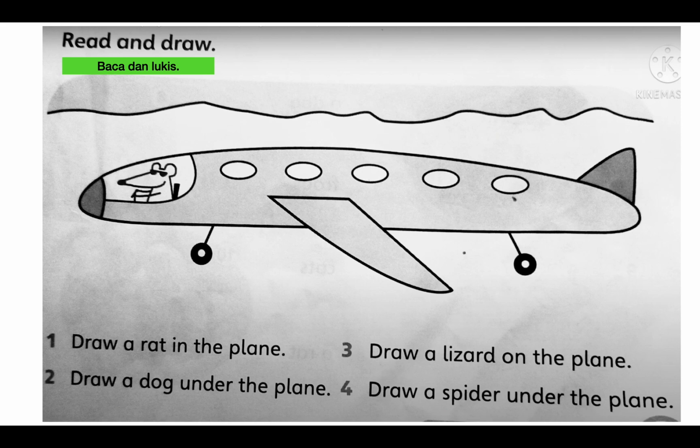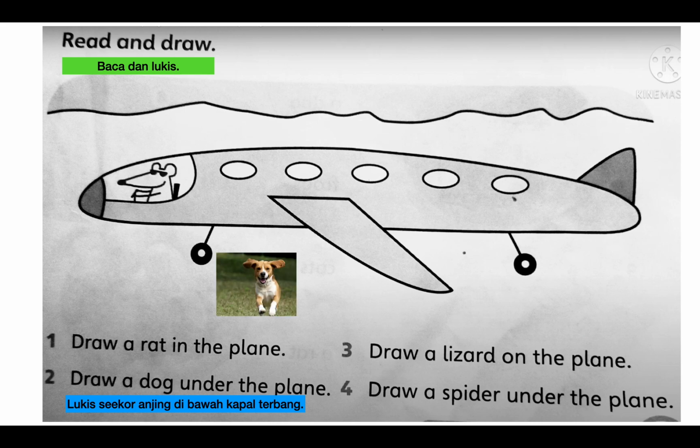Where is the dog? Dog ialah anjing. Under, di bawah. The plane. Plane ialah kapal terbang. Jadi maksud ayat ini, lukis seekor anjing di bawah kapal terbang. So, we draw a dog under the plane.